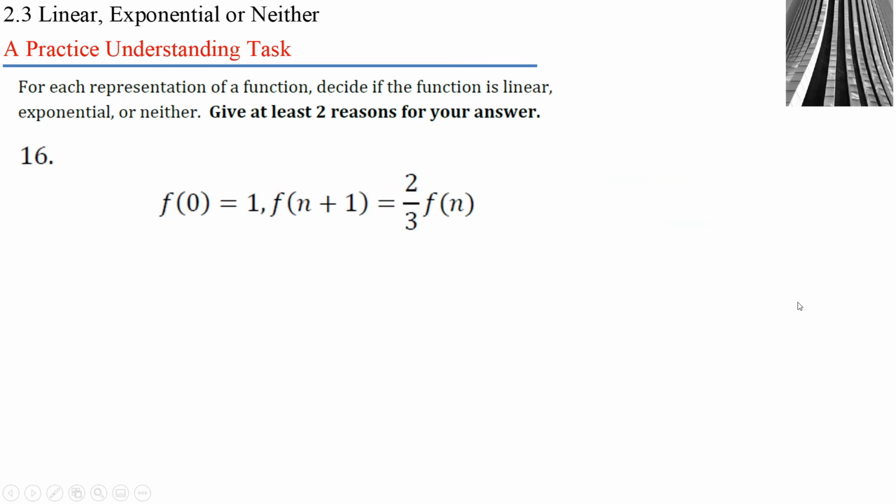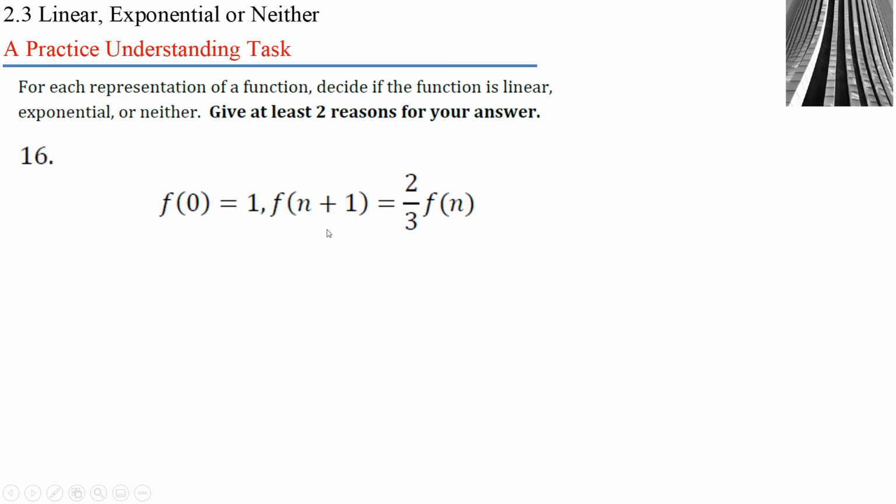Okay, number 16. Oh, another recursive formula. Right on. All right. Let's see, did I start with a sequence again? Okay, well, I'm going right to the answer, so let me go back here. Okay, so f of 0 equals 1, and f of n plus 1 equals 2/3 times f of n. Ooh, they're changing it up a little bit.